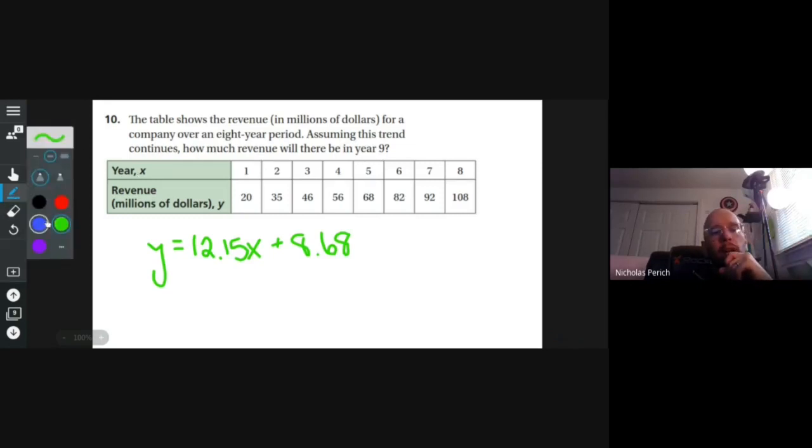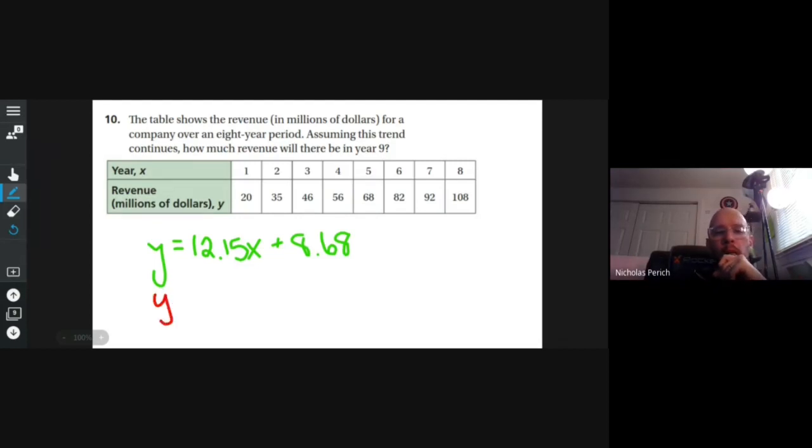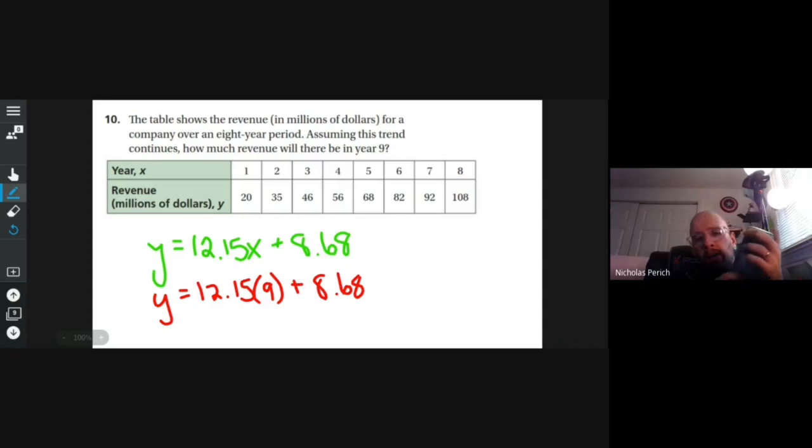I need to rewrite out this equation and plug in 9 for x. y equals 12.15 times 9 plus 8.68. It's 118.03.